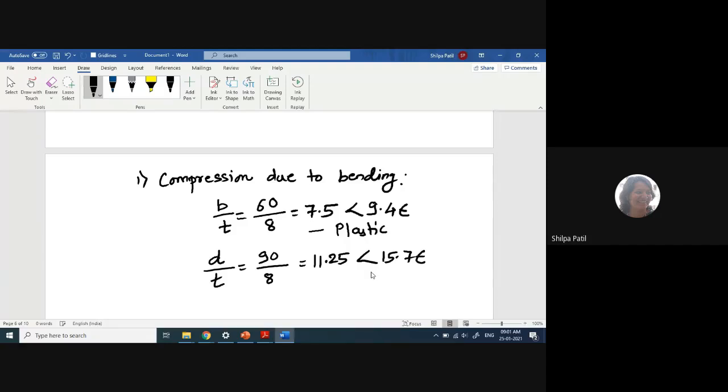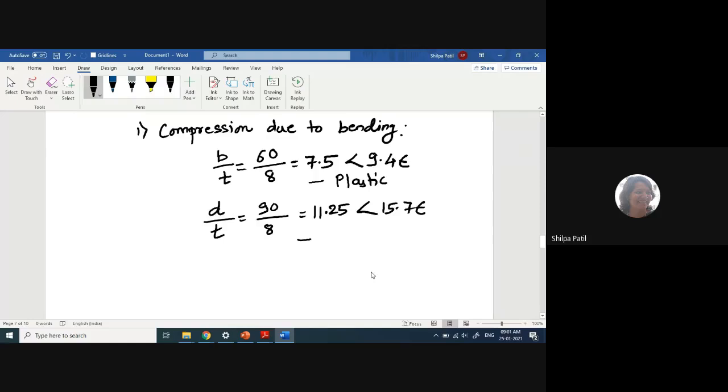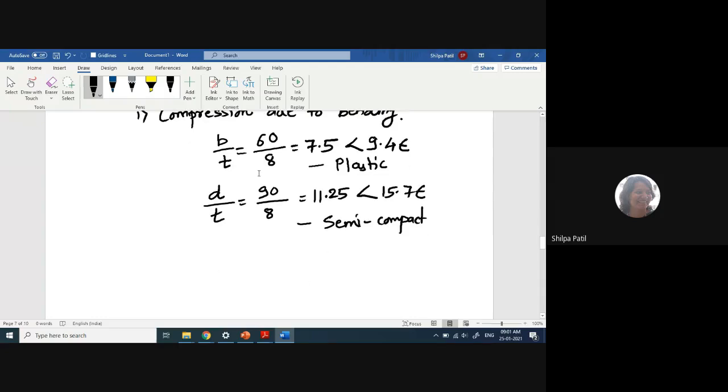And as per this criteria, the vertical leg is, what is the class? Semi-compact. So under compression due to bending, one leg is plastic and the second leg is semi-compact.